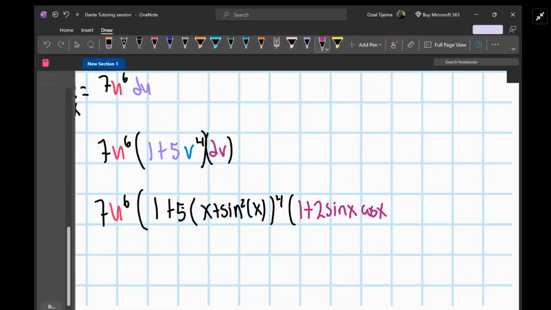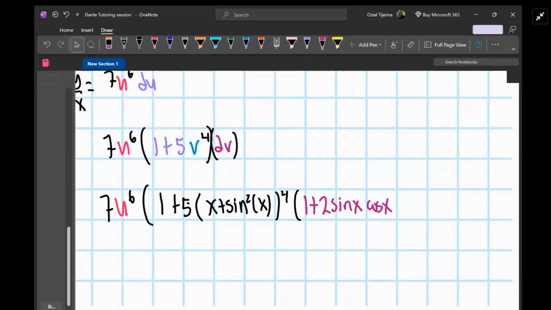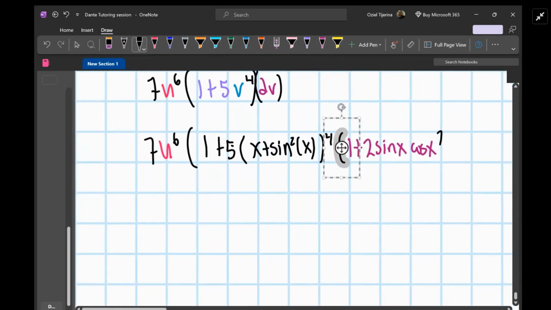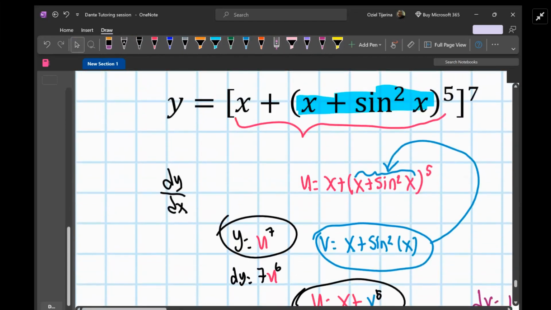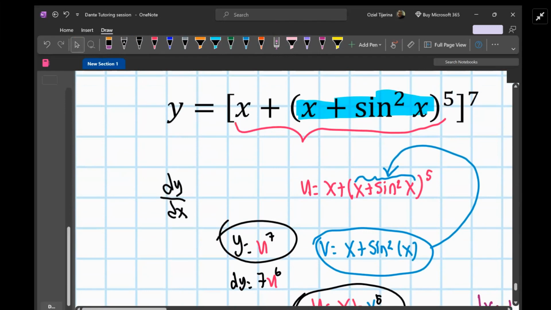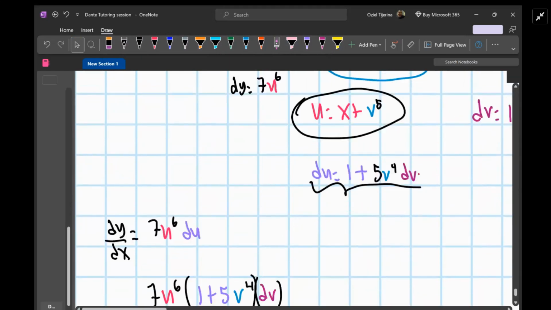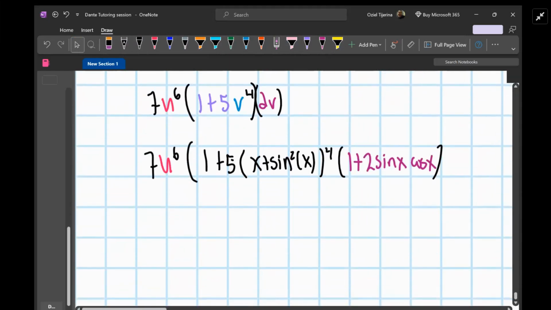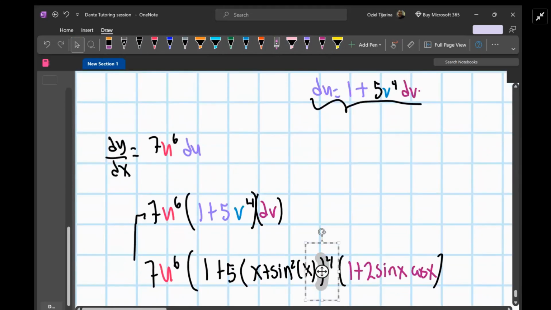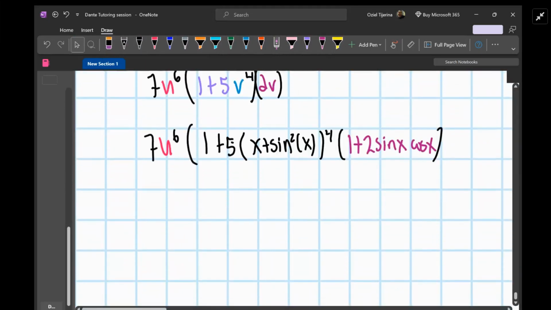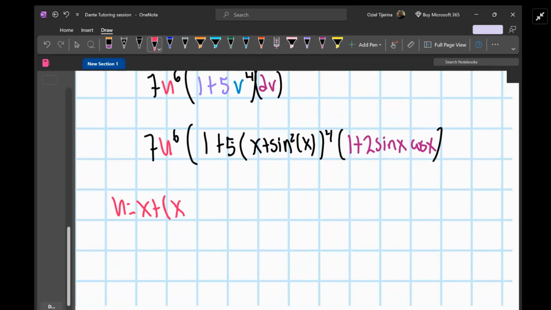And so our answer, if you plug back in the u, remember that u was x plus the quantity x plus sine squared of x to the 5th.